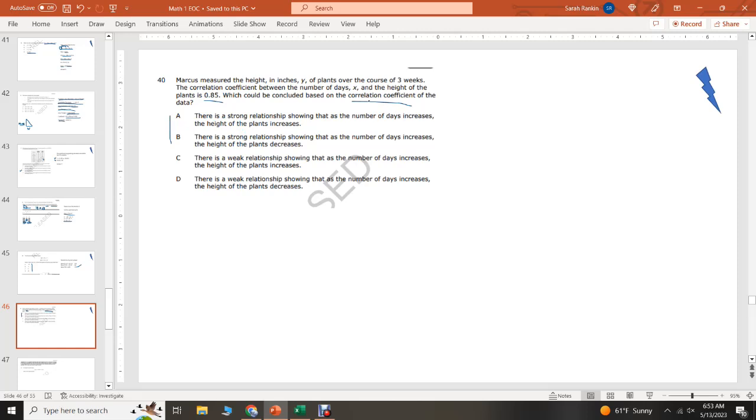And what's happening here is the number of days increase, the height of the plants increase. Oh, excuse me, it says plants decrease. Sorry about that. So the right answer is A. So there's a strong relationship showing the number of days increases, the height of the plant increases. So it's not B, it's A. Okay, that's it. Thanks.